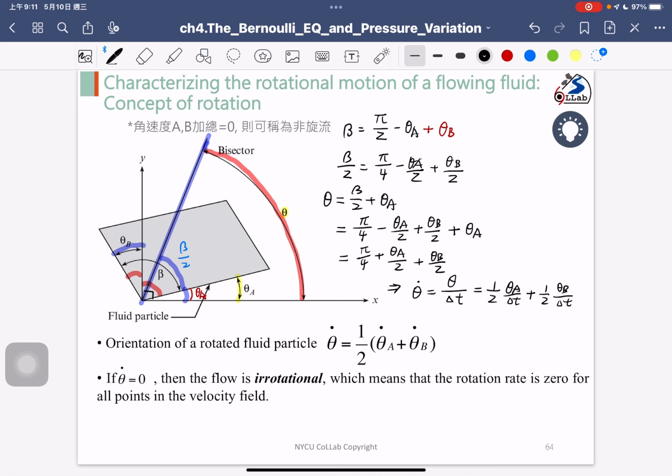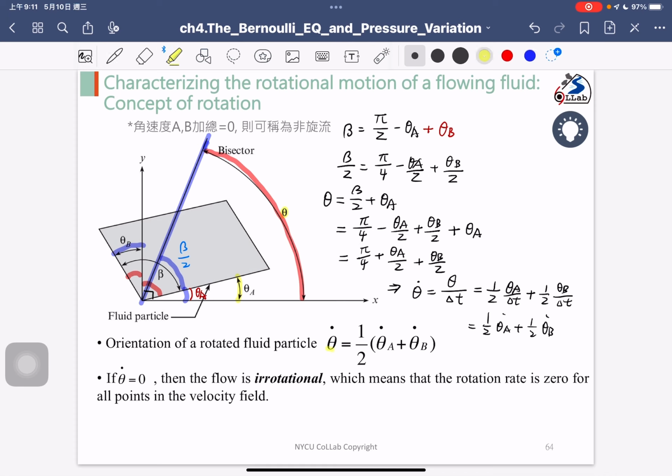So we can rewrite it as equal to 1 over 2 theta A rate plus 1 over 2 theta B rate, right? So that's the reason why we write down the equation here.